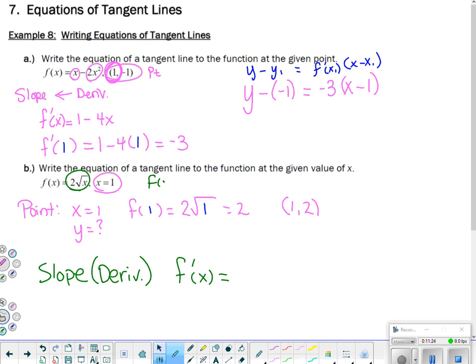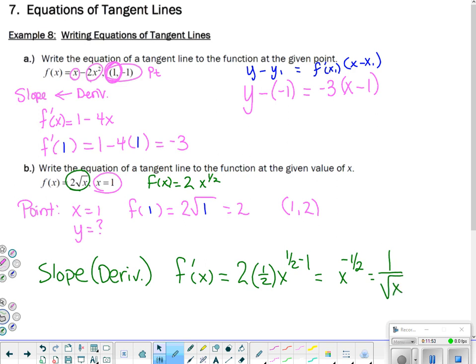So I'm going to rewrite my function into rational exponent form. Now, power rule says 2 times 1/2 x to the 1/2, whoops, why did I write negative? 1/2 minus 1 makes this x to the negative 1/2, which could be written as 1 over square root x.